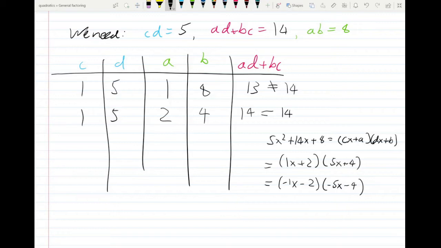And you can see that it's not worth checking both of these cases, because there's not really a difference. Eventually, if you pull out -1 from both of them, you get the same thing. And the same applies to switching c and d around, so having d be 1 and c be 5. We would have just gotten c is 5, so 5x, and a is 4.